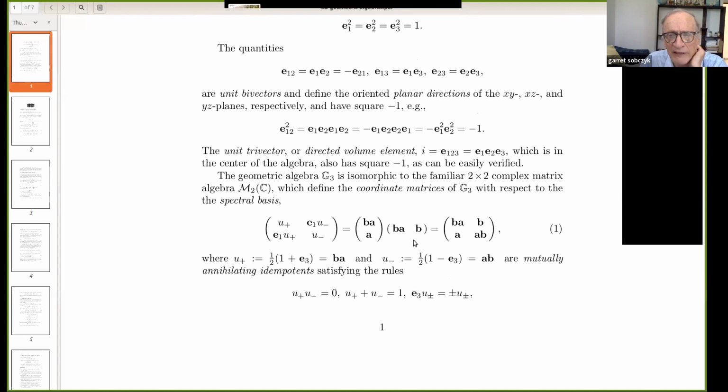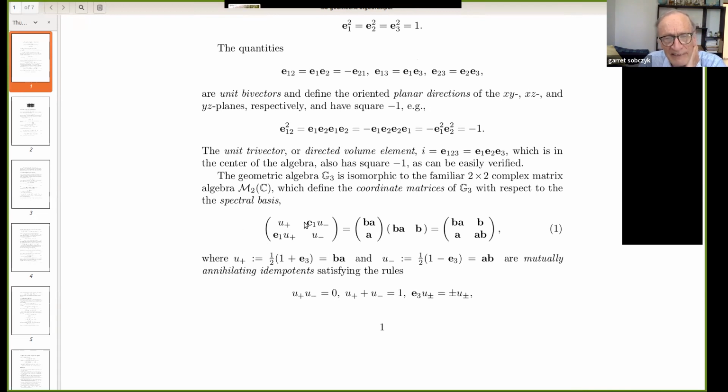Now this is very important, equation number 1, and that's writing the basis. What I call the spectral basis consists of U plus, which is this element here, 1/2 (1 plus E3). If you square that element, it's an idempotent, you get the same thing back again.